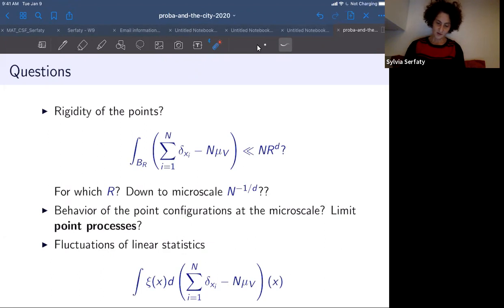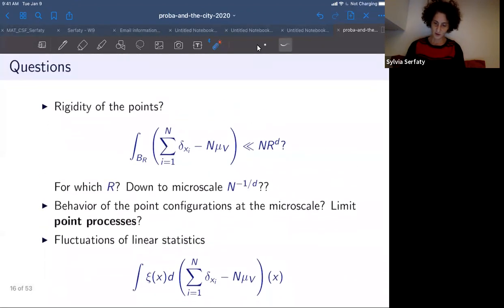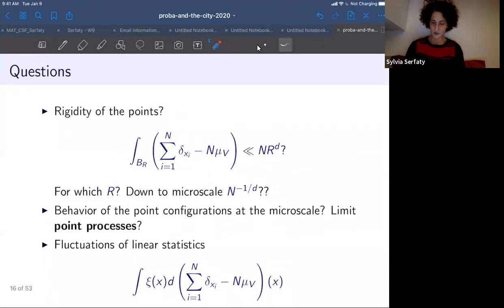One can phrase it into several questions. One natural question is that you want to understand the deviations, or the discrepancy, between, for example, the number of points that fall in a certain ball and what the equilibrium measure distribution would tell you.